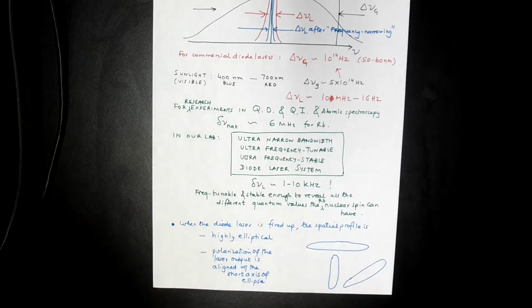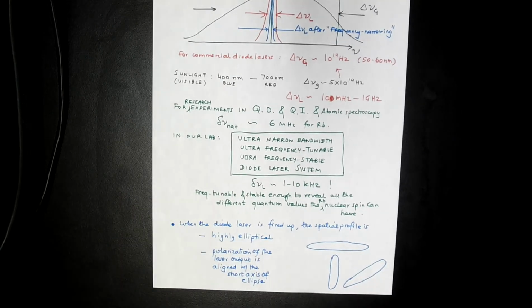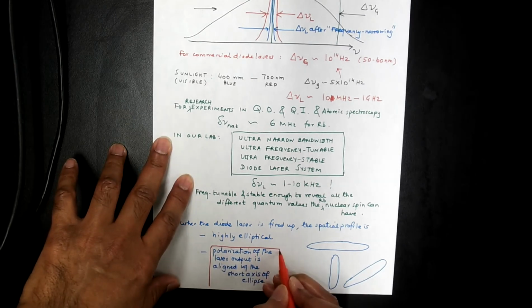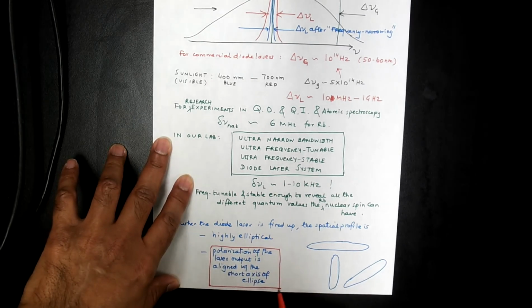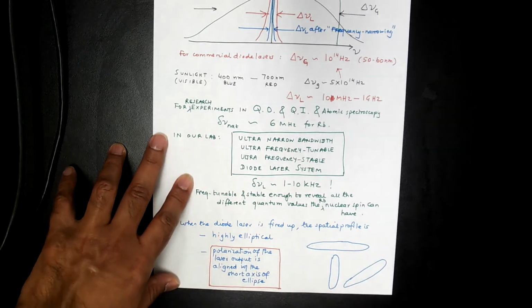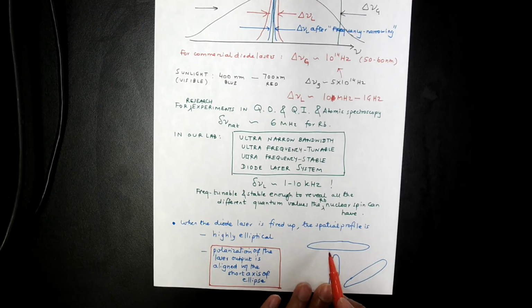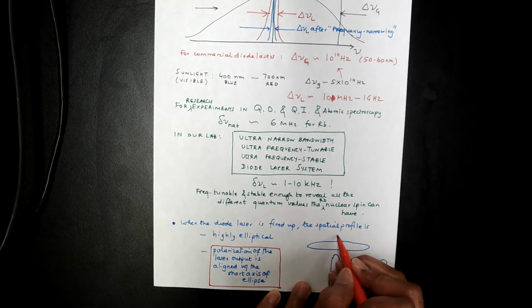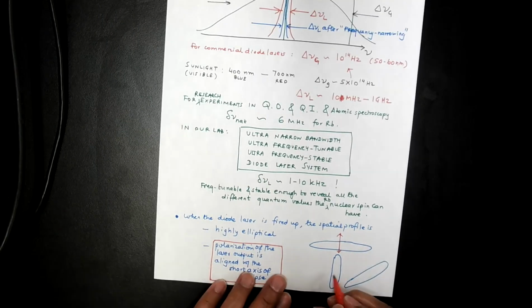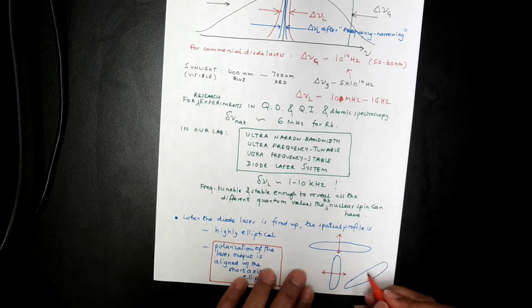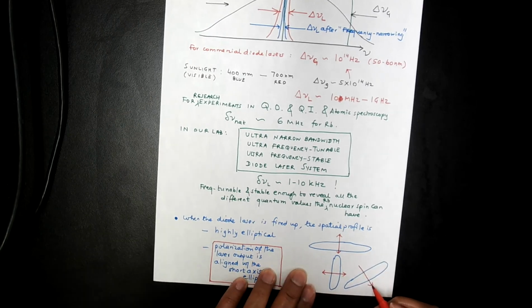So these are things that we would notice, and this is sort of interesting. What it means is that if the beam coming out from the laser diode has an ellipse that is horizontal, then the laser polarization will be like that. If it's like this, then the laser polarization will be like this. In this case, it will be like that.